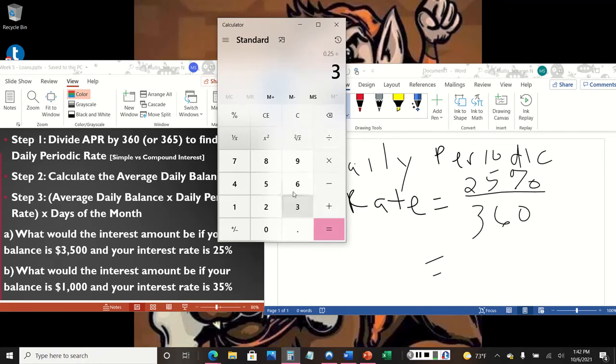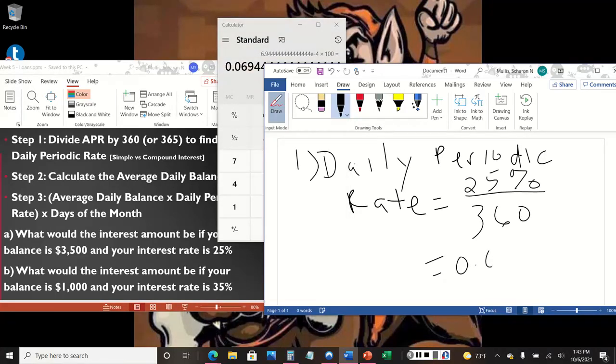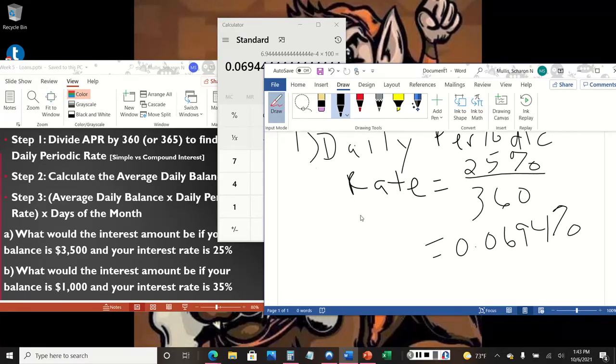Divided by 360, that gives me that, but I need to multiply it by 100 to get a percent. So that's our percent. So our percent is 0.0694%. So that's what our DPR is.